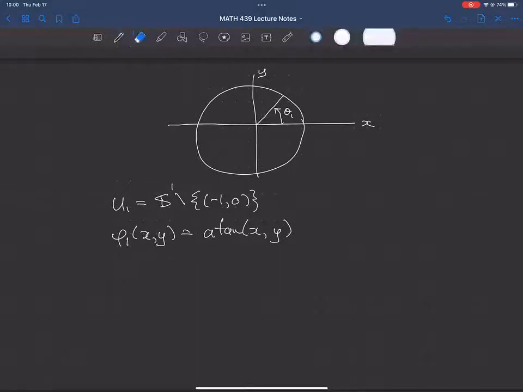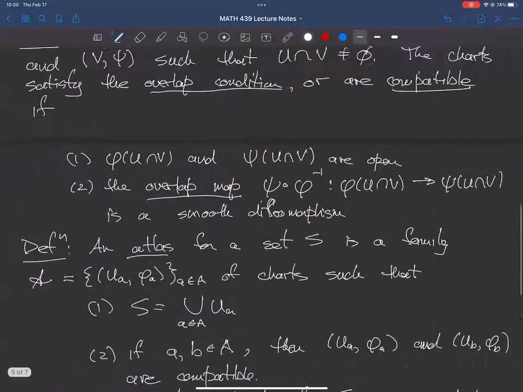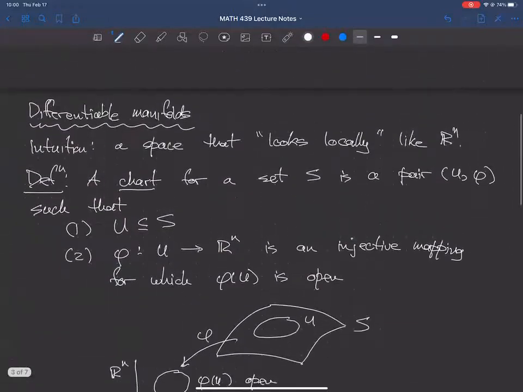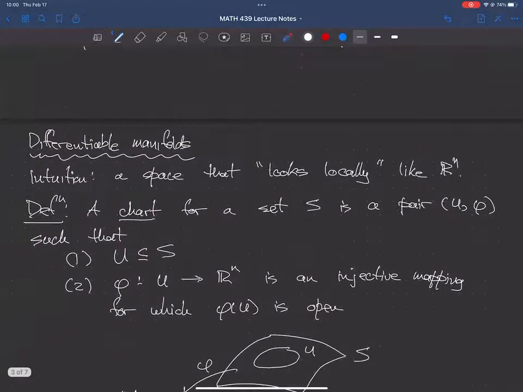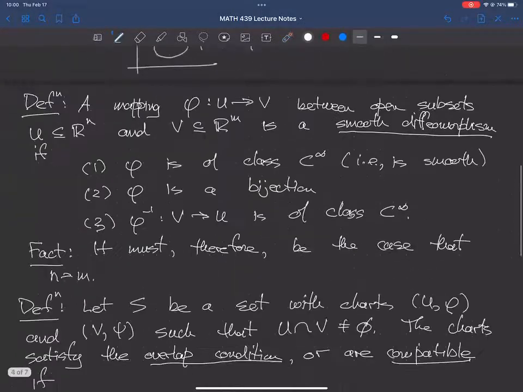So is this a chart? To check the definition of chart, certainly it's a subset of S1. So it should be an injective mapping onto an open subset of some Euclidean space.